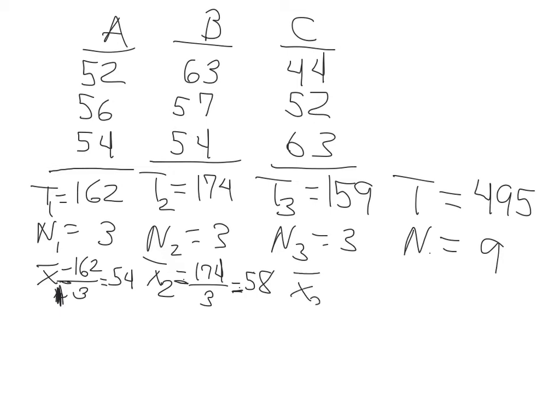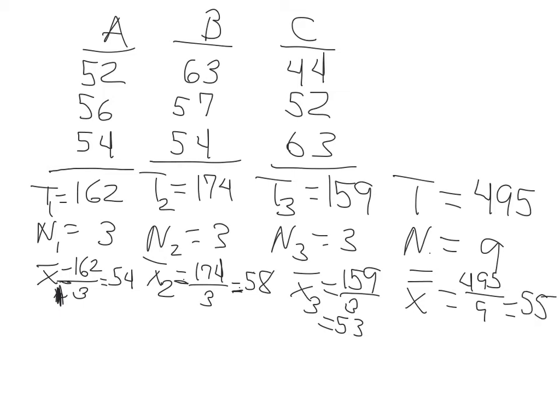And x bar 3 is 159 over 3, which is 53. And the grand mean, x double bar, is the grand total T, 495, divided by 9. And that's equal to 55.